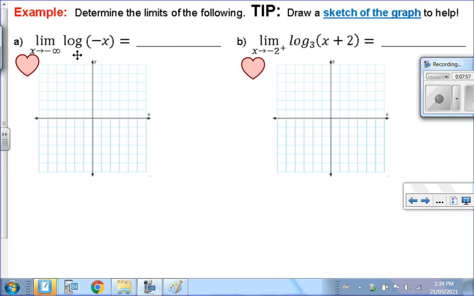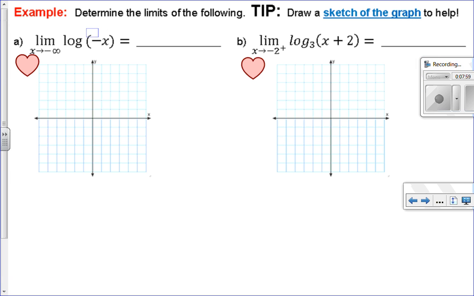So this graph here, log of negative x, that negative on the inside here is a horizontal reflection. So that means I'm going to take my graph of log x, again has a common base of 10, which makes it an increasing graph, and I'm going to horizontally reflect it.